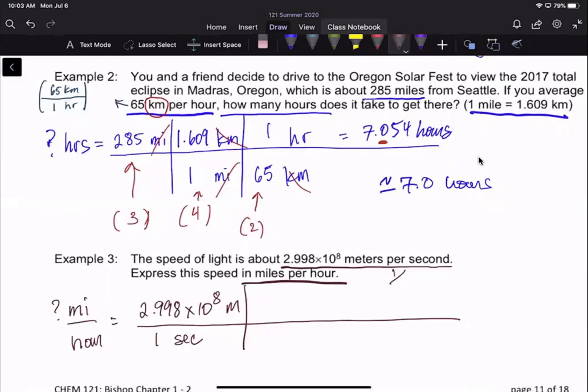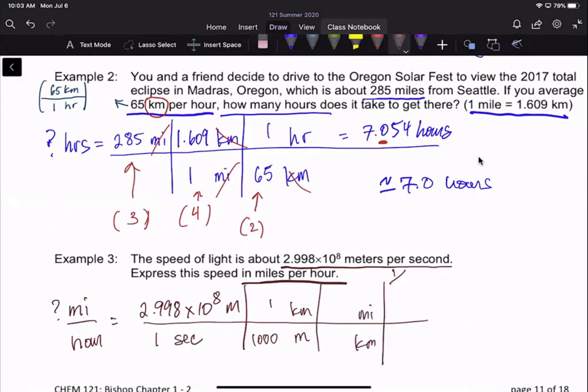Okay, so let's see, meters will cancel there, but here I have kilometers up here. So let's convert this into kilometers here to start with. And then we can cancel out kilometers and go to miles.